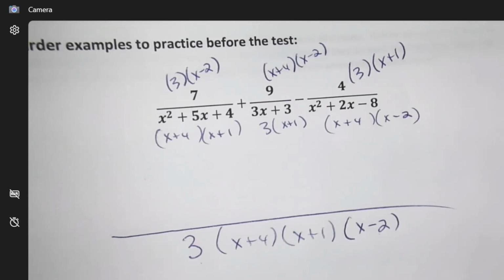So what did I do to you? I gave you a situation to practice multiplying 3 things. That's what I'm doing here.